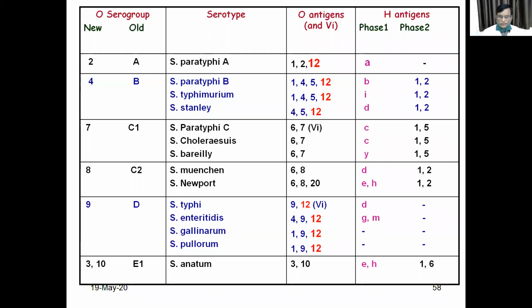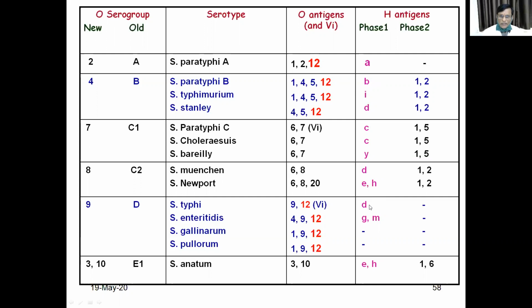Coming to H antigens, there are two phases, phase 1 and phase 2. Phase 2 is not important for us. In phase 1, again you see, there is a separate entity A for paratyphi A, B for paratyphi B, C we are not including, and D for S typhi.